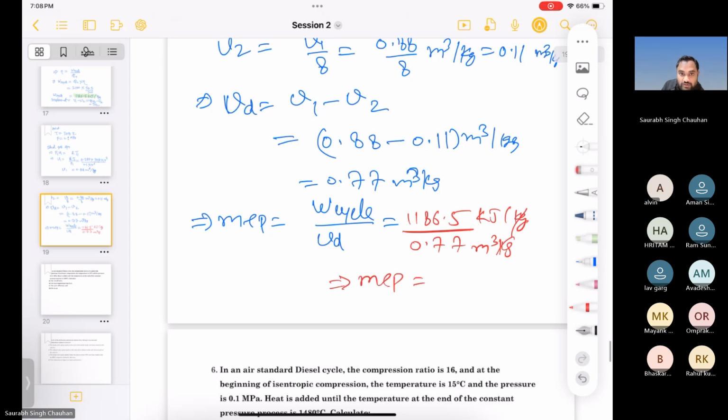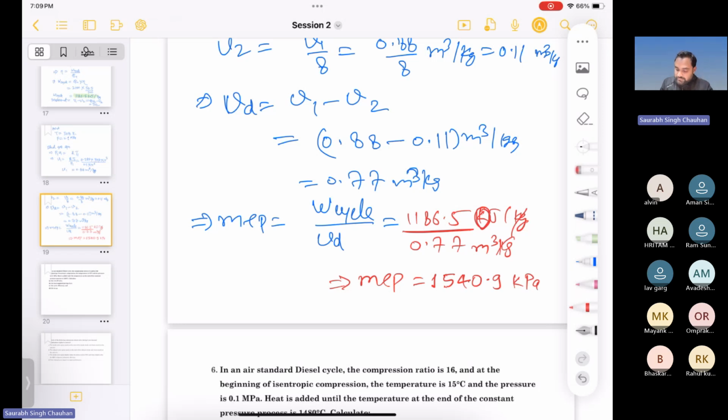That gives 1540.9. This will be in kilopascal, yes, because this is in kilojoule, so this will be in kilopascal.